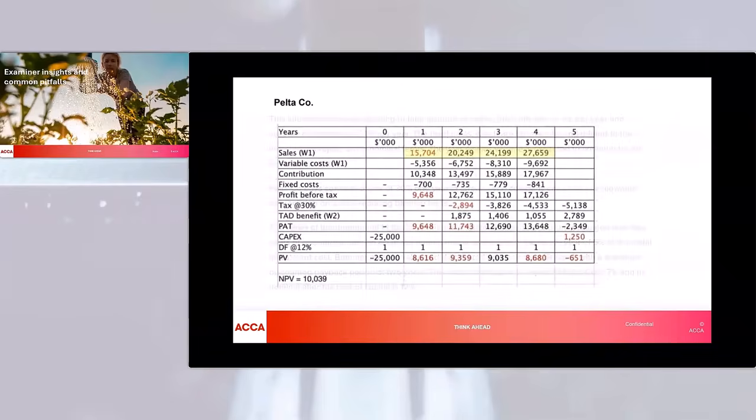Based on this, a candidate has written a solution. How is the marking supposed to be done by the marker? This portion in red has gone wrong: the calculation has gone wrong, the inflation has gone wrong. So only that particular calculation of year one has gone wrong. Instead of giving full marks for this step in yellow, you're only given half a mark.